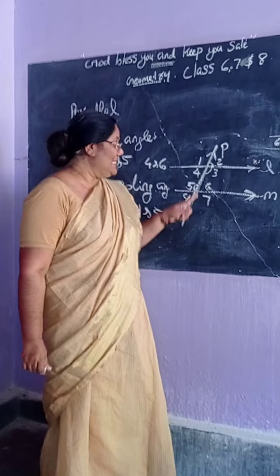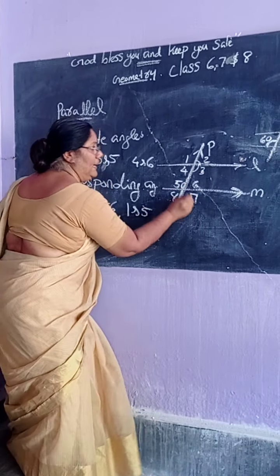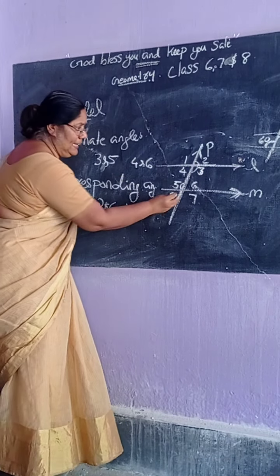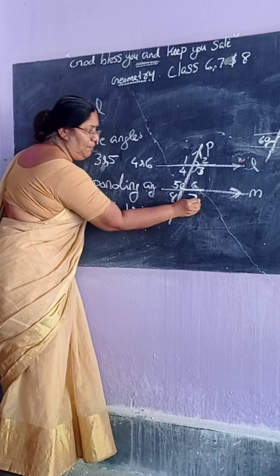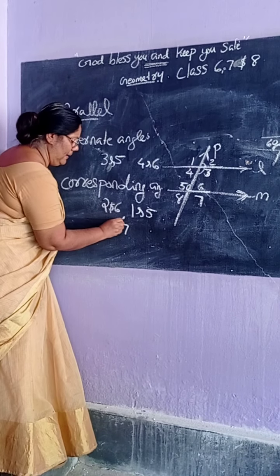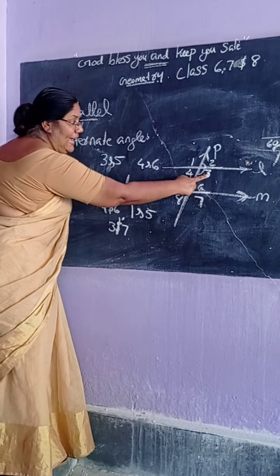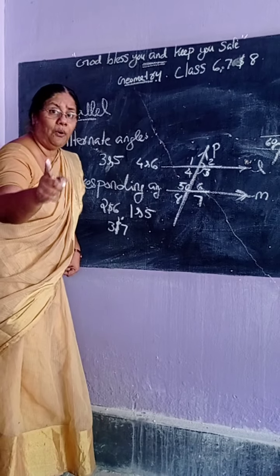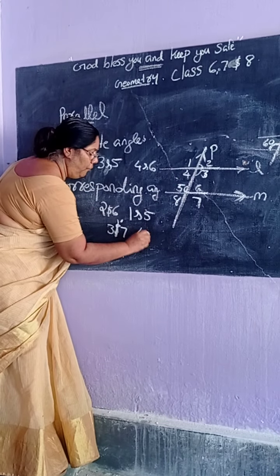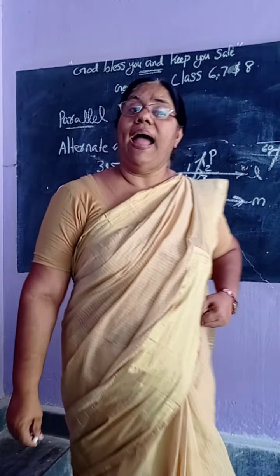Now listen, students. In the below part, 3 and 7. Look here. 3 is an angle just below the parallel line. 7 is also just below the parallel line. Therefore, 3 and 7 are also corresponding angles. And 4 and 8 are also known as corresponding angles.